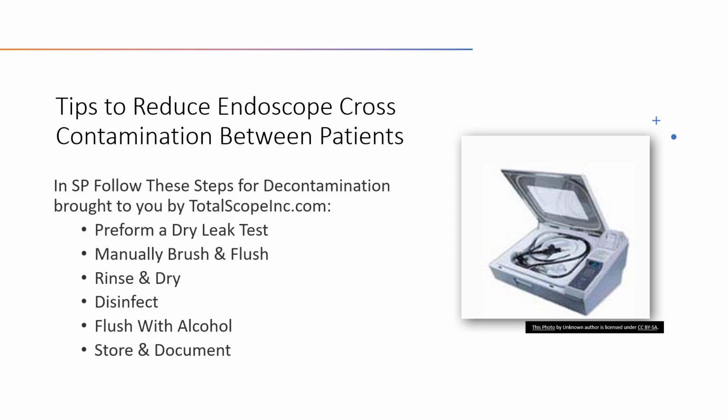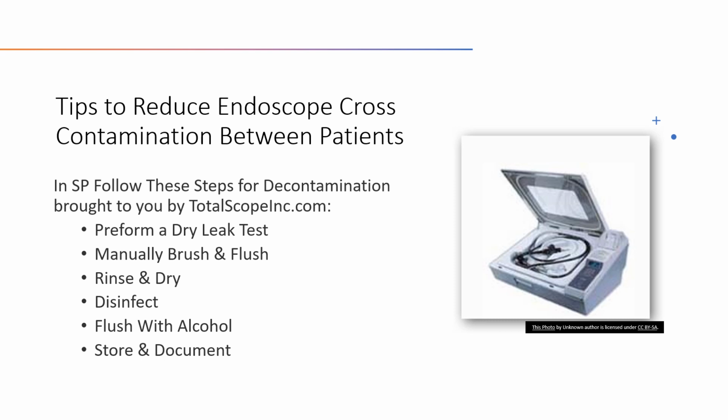Once inside the sterile processing department, we do have some steps for you to follow to make sure that the decontamination is complete. We found some simple steps on TotalScopeInc.com. So your first step inside the sterile processing department is going to be to perform a dry leak test.